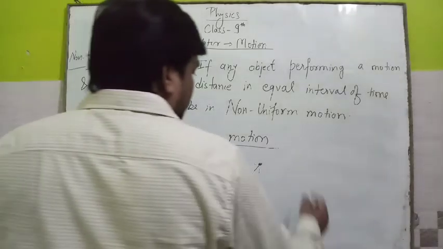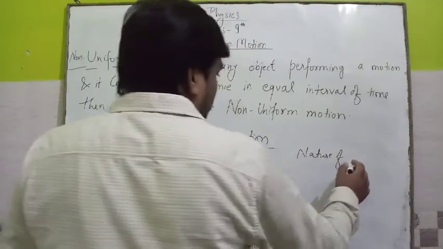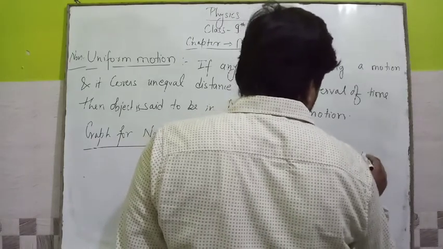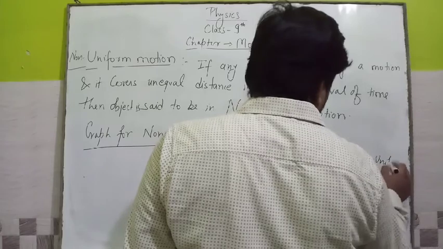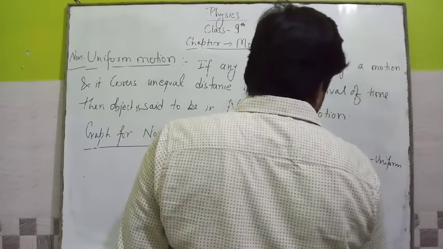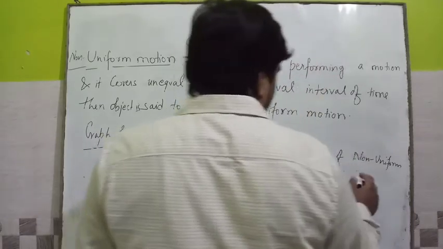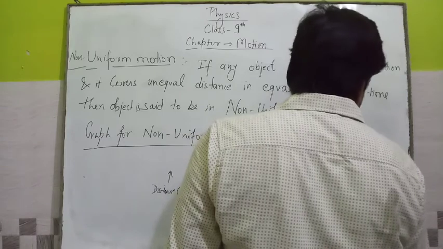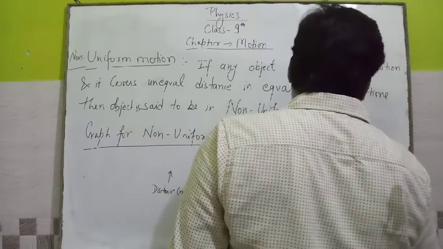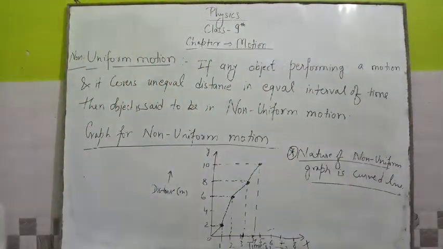Then you can say that the nature of the non-uniform graph is a curved line. Clear? Okay, note it down.